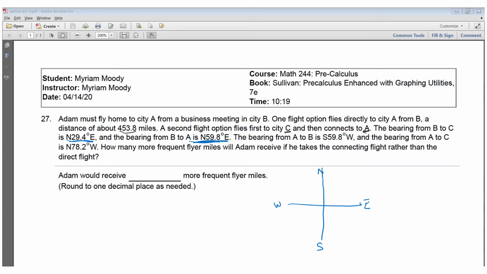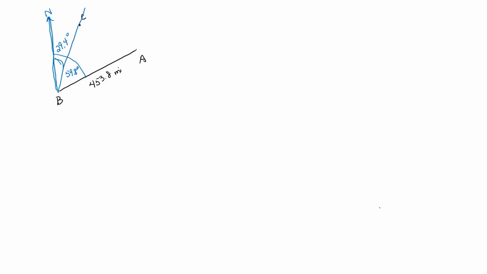So, got that bearing. And then it says the bearing from A to B is south, 59.8 degrees to the west. So, from A to B, first we go south, and then we're going to the west, 59.8 degrees.